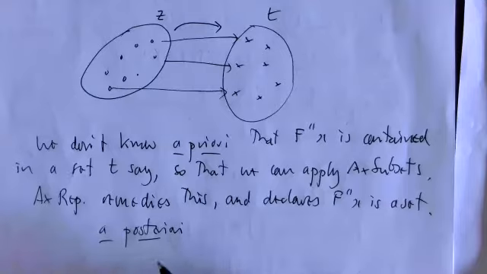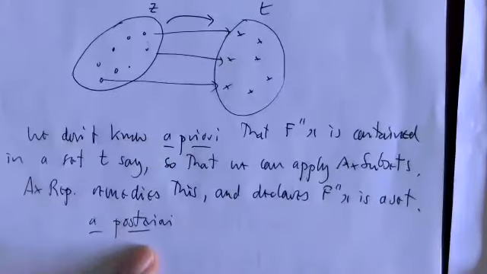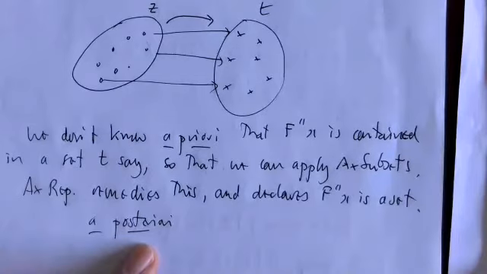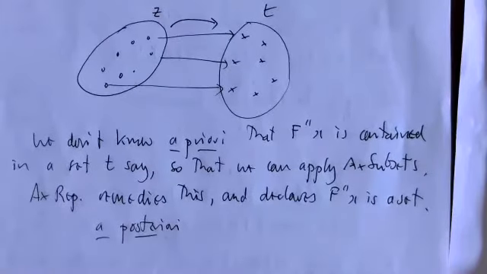We know something is true because of some facts that have happened or some situation that has occurred. So there's a contrast, a posteriori and a priori. Okay, that's a bit of Latin for us.